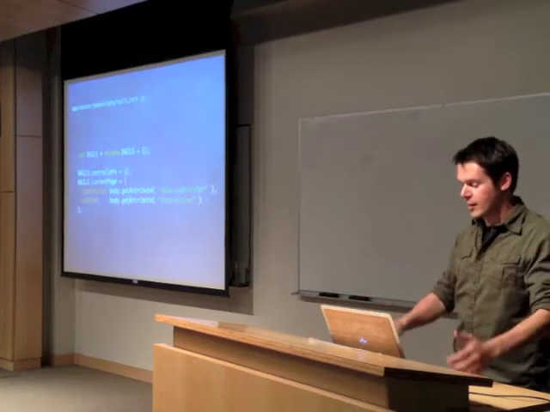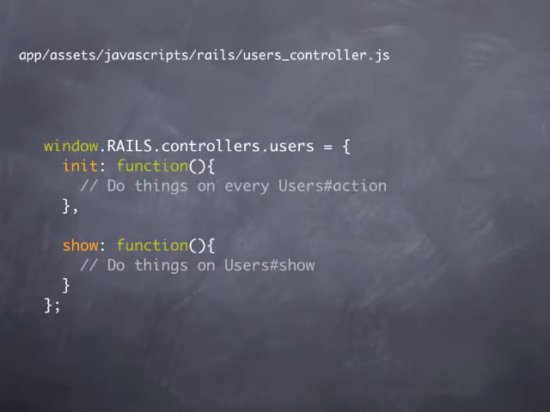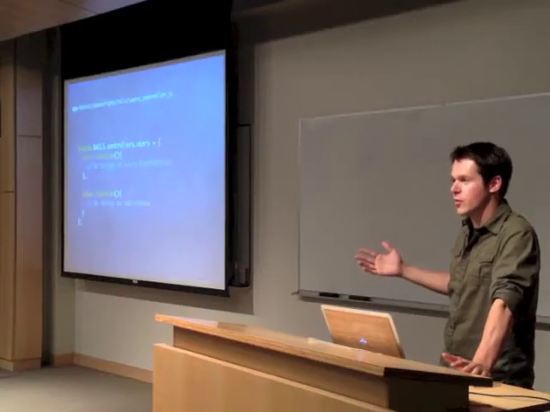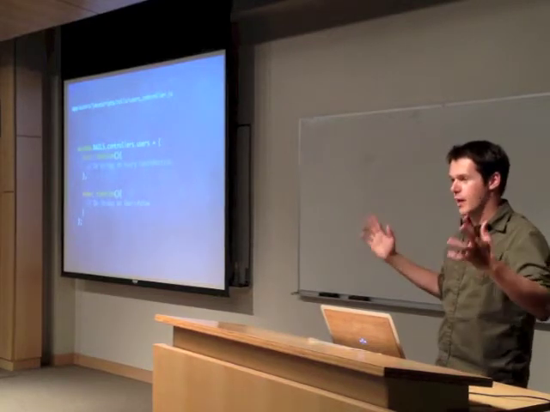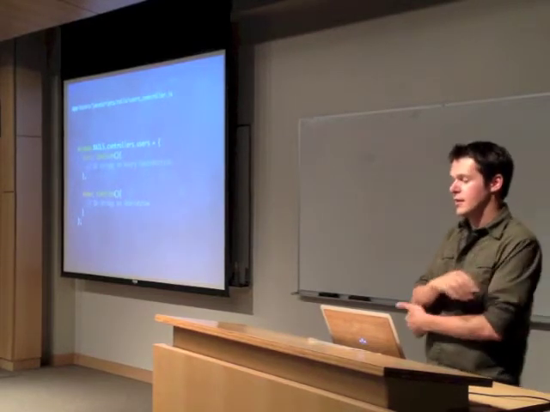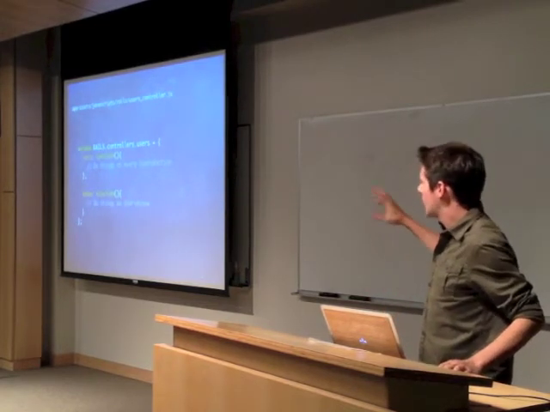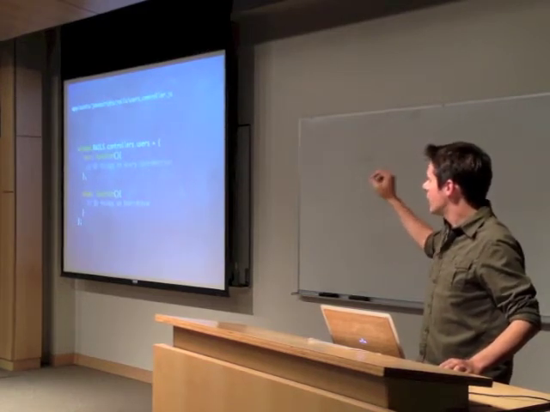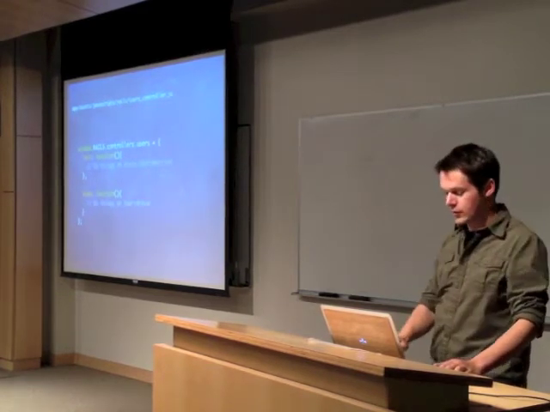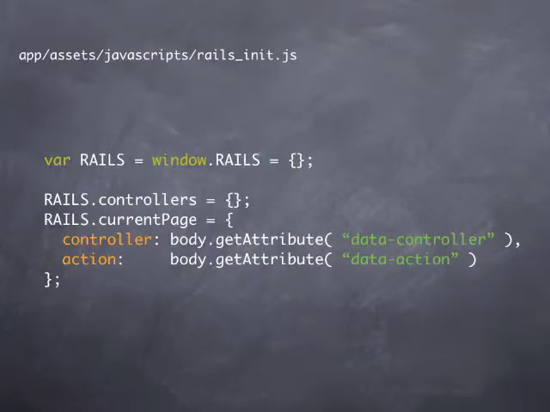But then we want to set up per-controller stuff. For example, we have the users controller where we'll assign an init function that's going to happen regardless of which action we're on, and something for the show. You can put in whatever you want. I want to point out a couple things we're adding from last month. We're specifically calling window.Rails.controllers, just as before where we're saying var Rails equals window.Rails.